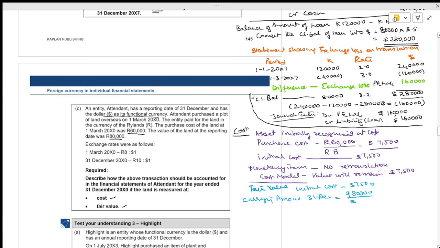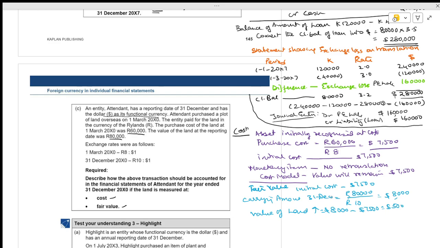Sorry, it is R. 80,000 Rylands divided by 10 comes to $8,000. The value of land has increased by how much? $8,000 minus 7,500. It has been increased by 500.